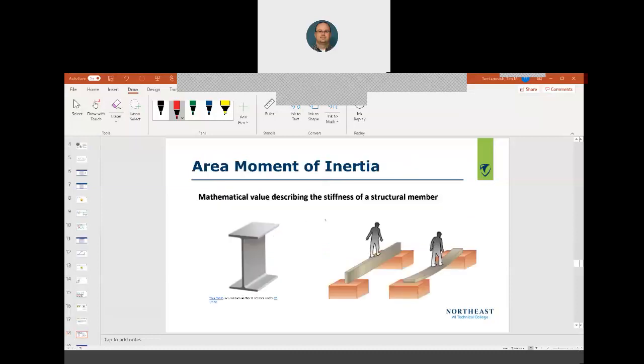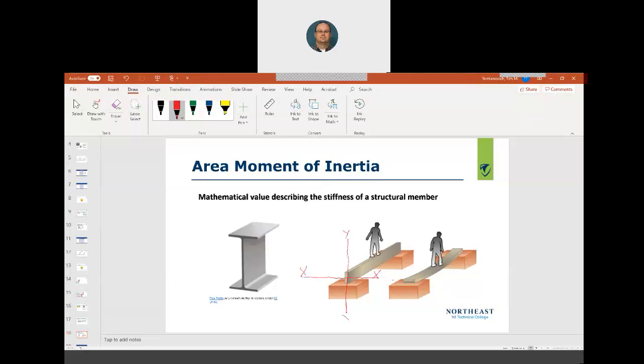So what is the area moment of inertia? It is a mathematical value describing the stiffness of a structural member. Okay, I like this example right here on the right side. You always wonder, why do we put floor joists upright? If I look here and find my centroidal axis, this is XX, this is YY, right?